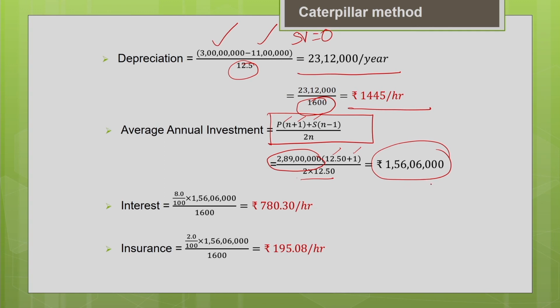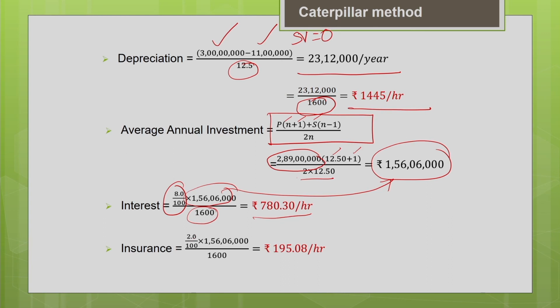Now all the other components of the ownership cost, you are going to estimate as a percentage of the average value of the machine. Your cost of investment, interest, is 8% multiplied by the average value of the machine, divided by the annual usage of the machine in hours, so that you get the hourly interest. It is rupees 780.3 per hour.